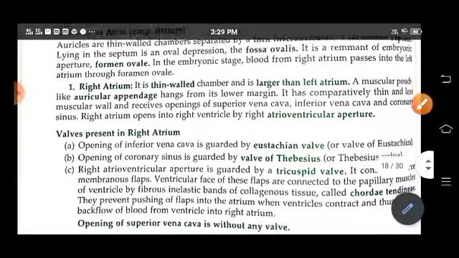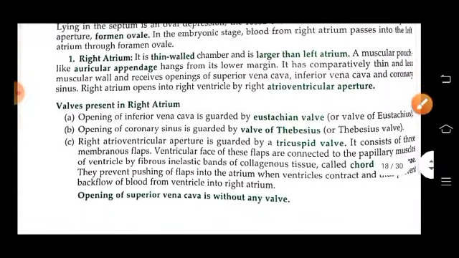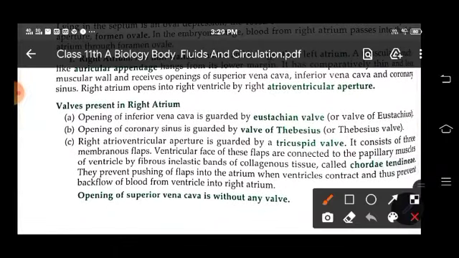Now the valves present in the right atrium: the opening of the inferior vena cava is guarded by a flap-like structure known as the Eustachian valve or the valve of Eustachius. Again, a valve is present at the opening of the coronary sinus, known as the valve of Thebesius. Now the right atrioventricular aperture is guarded by a tricuspid valve which consists of three membranous flaps.